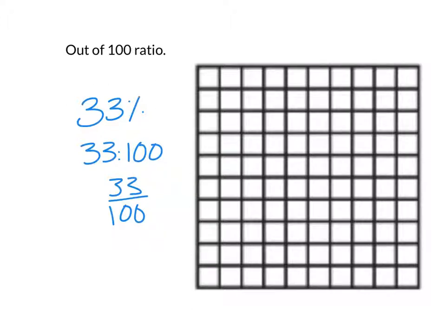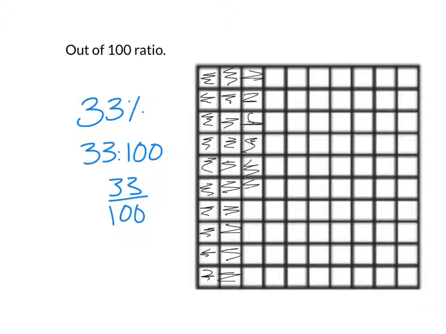We simply color in as many boxes as the number is. So 1, 2, 3, 4, 5, 6, 7, 8, 9, that's 10%. 11, 12, 13, 14, 15, 16, 17, 18, 19, 20%, 21, 22, 23, 24, 25, 26, 27, 28, 29, 30%, 31, 32, and 33%.